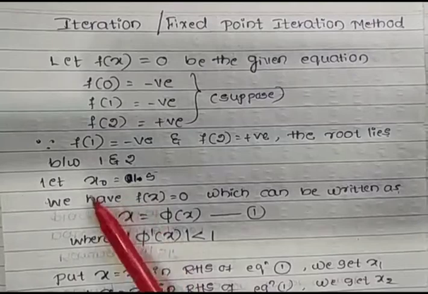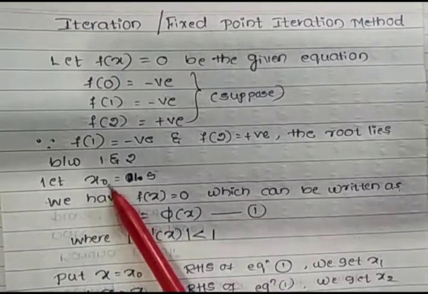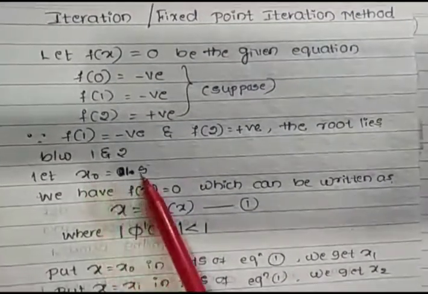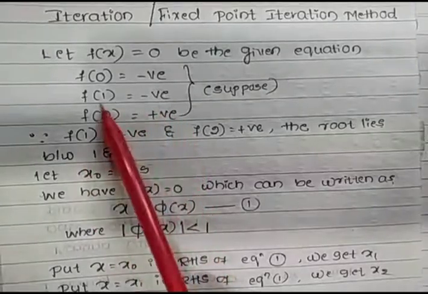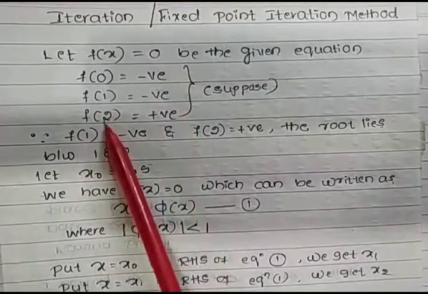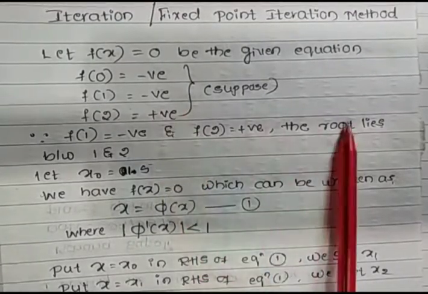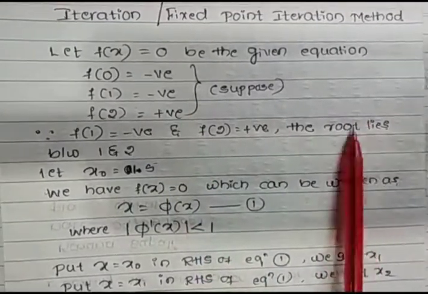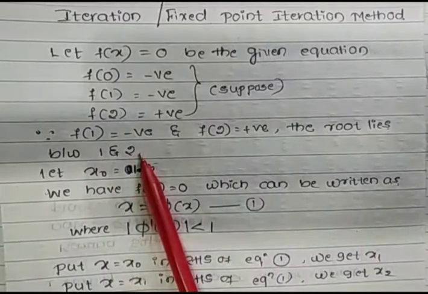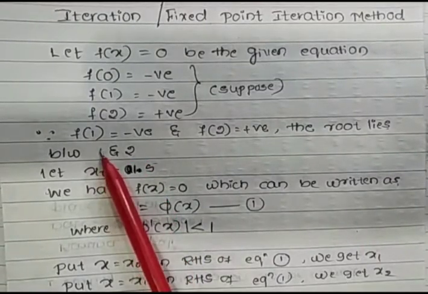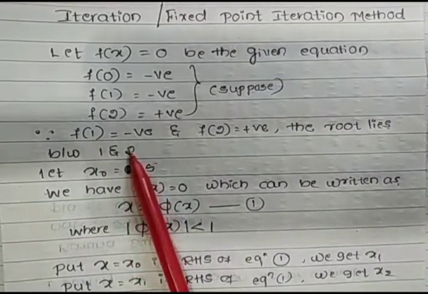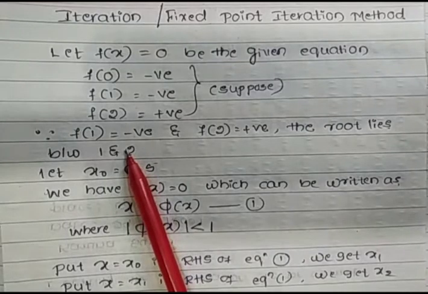Now let us consider here x naught as 1.5. Say f of 1 is giving us a negative and f of 2 is giving us a positive value. So with two opposite signs, we can conclude that the root lies between 1 and 2. These two are the initial approximations in the previous methods, that is bisection, regula falsi and secant method.